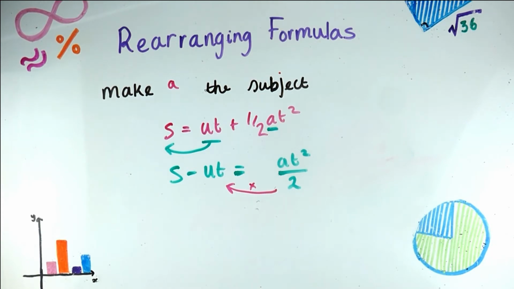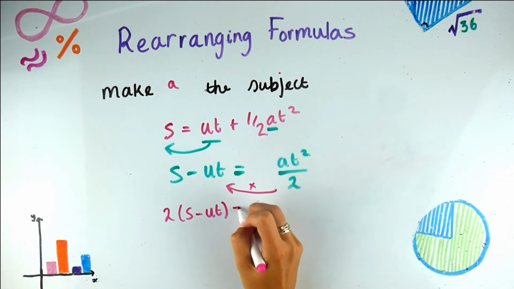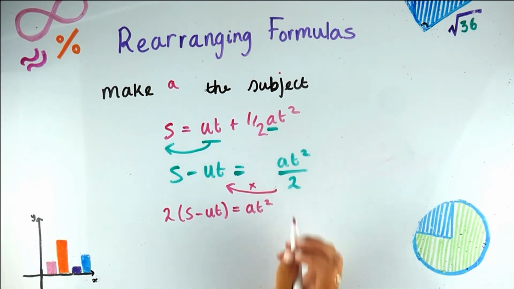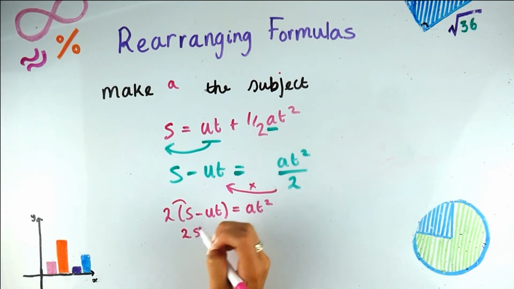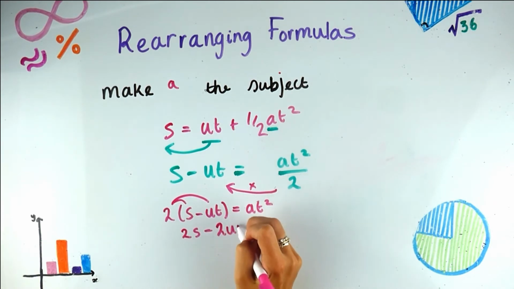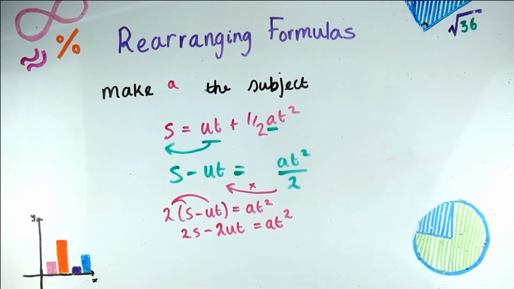But again, you don't just multiply one term, you multiply the whole thing, the whole expression. Okay, and then let's expand this out now. So if we do that times that, 2 times minus ut is minus 2ut equals at squared.